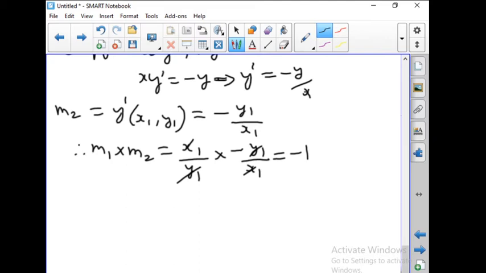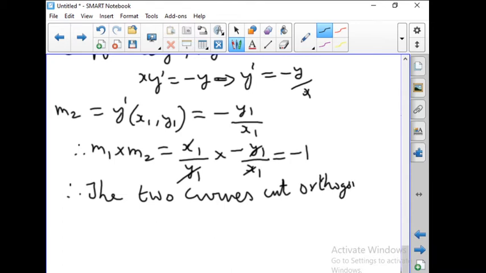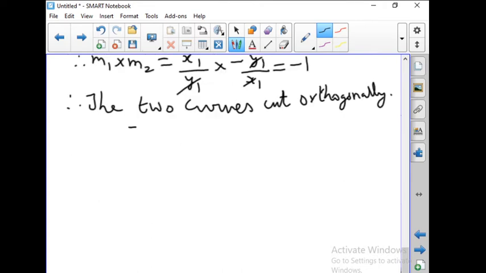So now we have got m1 into m2 is equal to minus 1. Therefore, the two curves cut orthogonally. Is it clear? Okay.